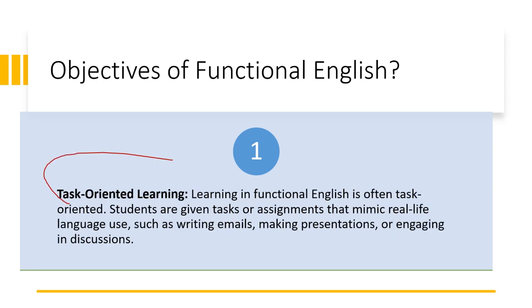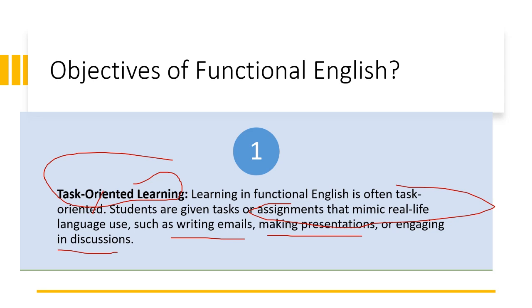Next, task-oriented learning. Learning in functional English is often task-oriented. Students are often given tasks or assignments that mimic real-life language use, such as writing emails, making presentations, or engaging in discussions.